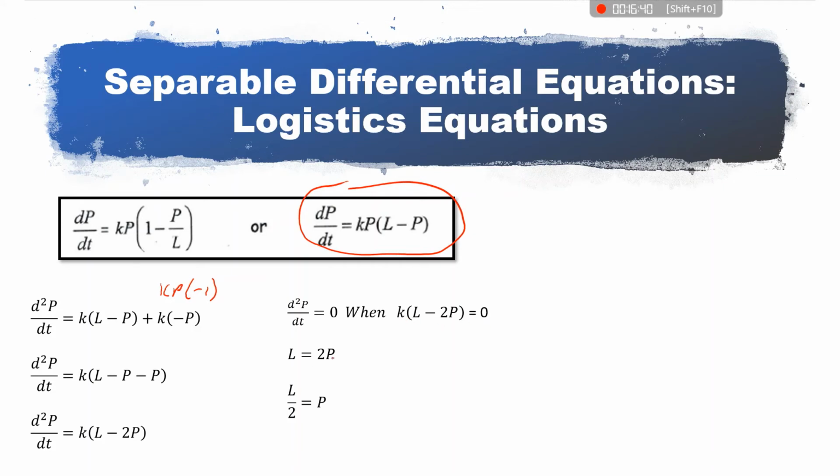Move my 2p to the other side and divide by 2. So whenever your population is at L over 2, our concavity is 0. You can kind of see it on the graph, I think. Here at L over 2, our growth rate is the fastest.